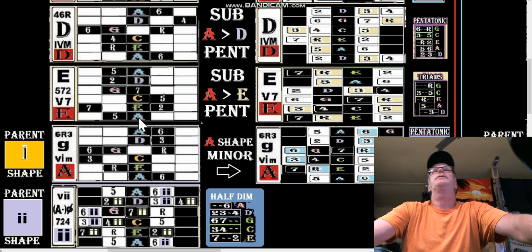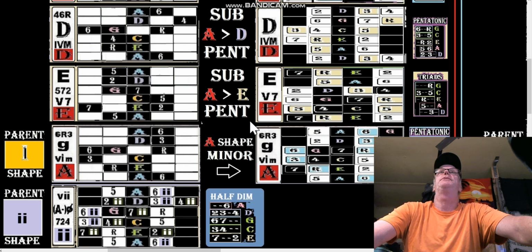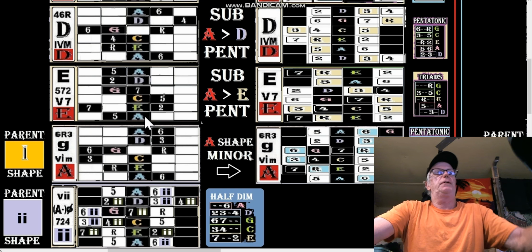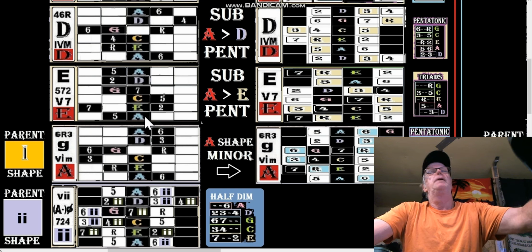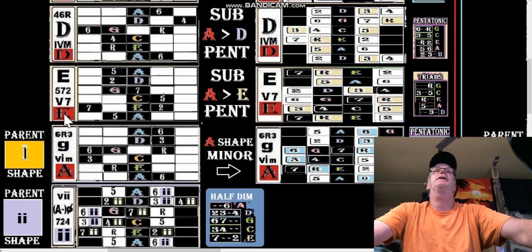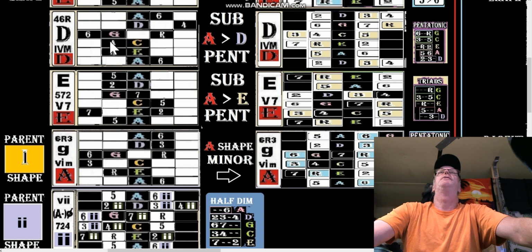Or you can go in the word cage, C-A, skip G to E, or simply the fifth of A is E. Okay, we're going to do the substitution for the fifth here, because this is the fifth. The fourth is over here, sorry.